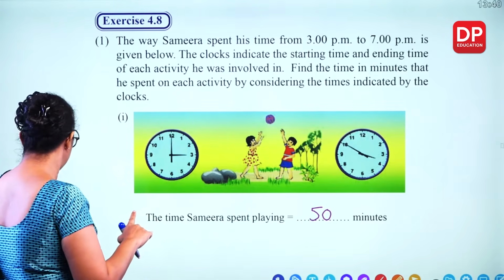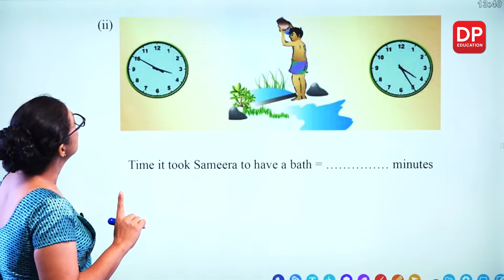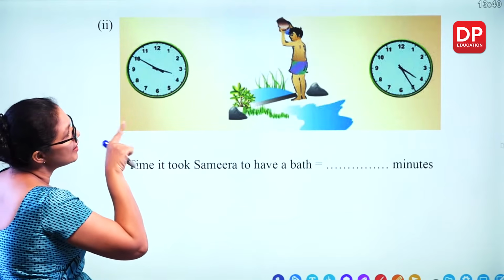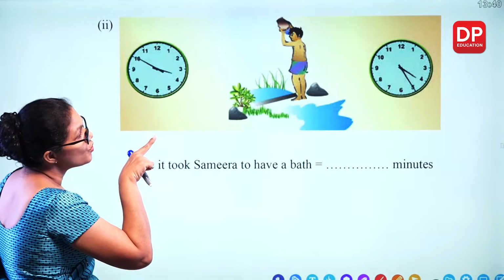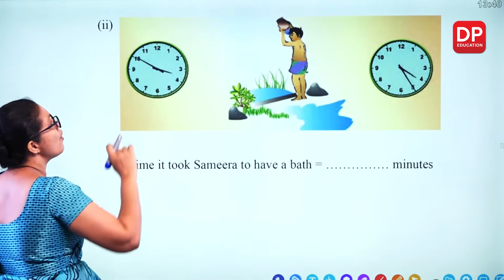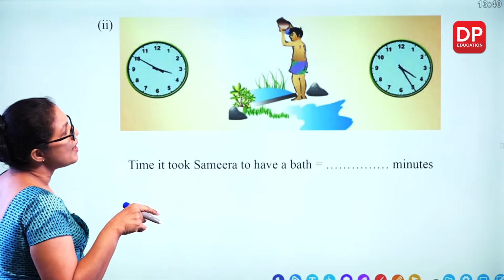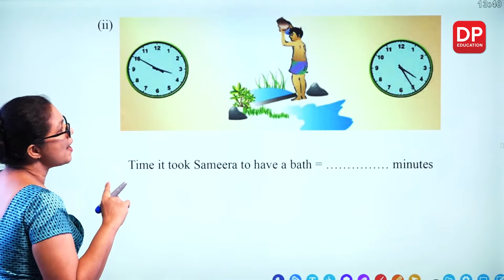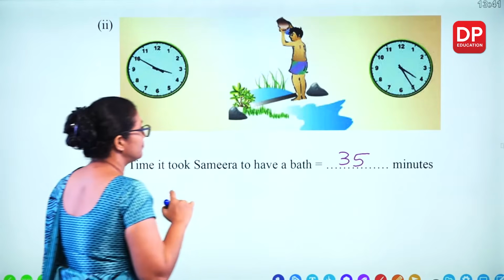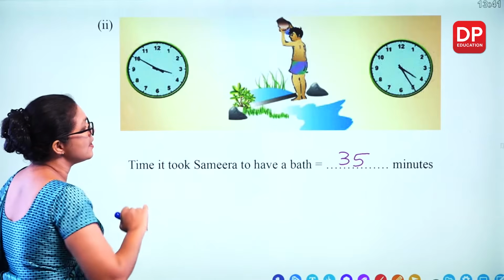Next, 3:50 to 4:25. 3:50 to 4 is 10 minutes and 25 more, 25 plus 10, 35 minutes. He took that to have a bath.